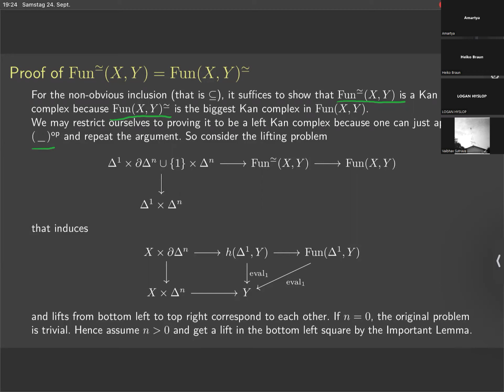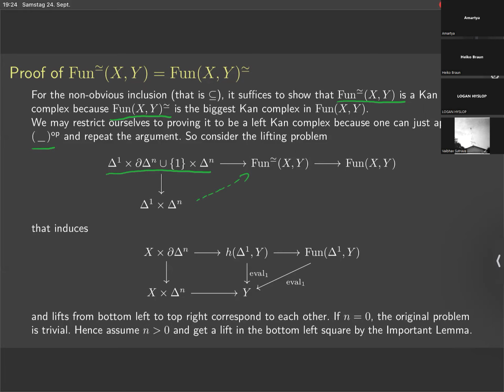So for the left Kan complex situation, we consider such a lifting problem where we need to lift against all these maps, and we want that there exists a lift. Okay, how do we do this? We first want to apply this adjunction to the other side.